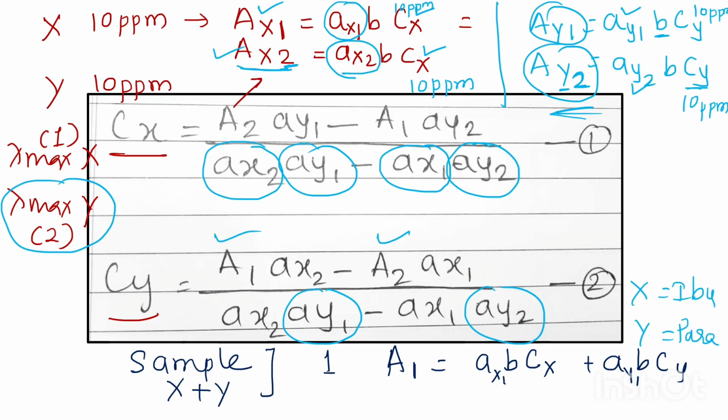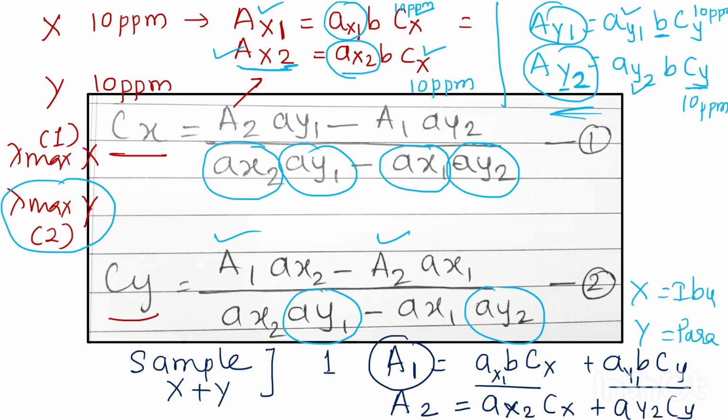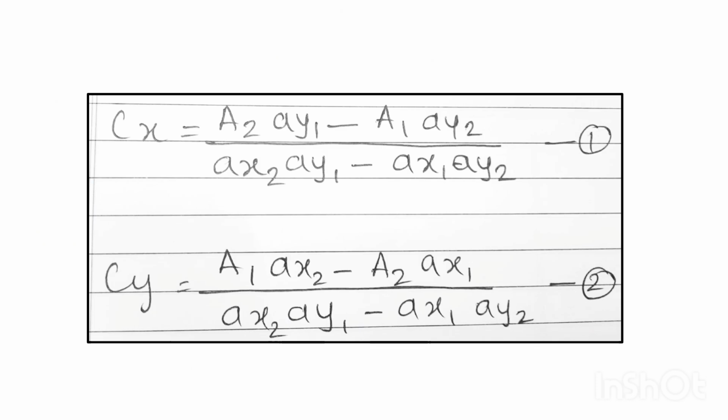Sample में दोनों भी हैं ना, so this absorbance is because of both the drugs X and Y at first wavelength. Same way sample का absorbance लिया at second wavelength. So this is AX2 CX plus AY2 CY. Okay, we are just doing it by the formula method. We will just substitute all these values in this Cx and Cy.